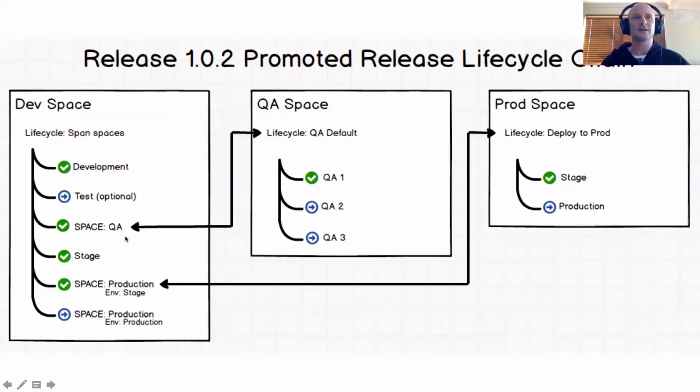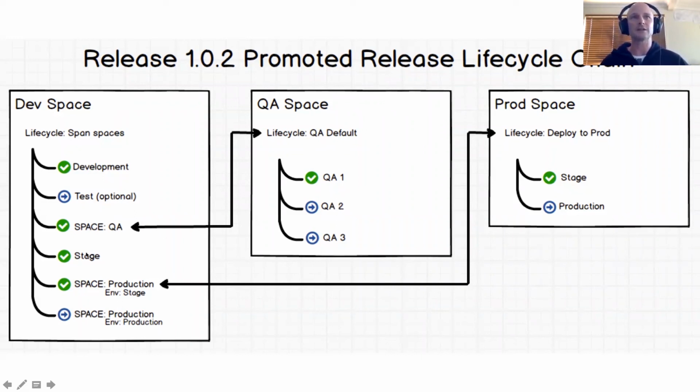In this case, you can see the third step in the life cycle defined in the dev space actually reaches out to the QA space and says you can promote a release bundle across to the QA space. And then the QA team have their own permissions and their own projects and their own environments they deploy to and test in, and they might promote through their own life cycle they've defined in their space.